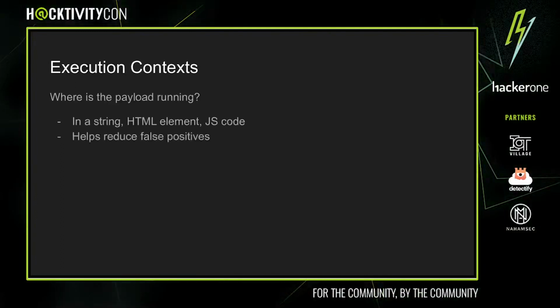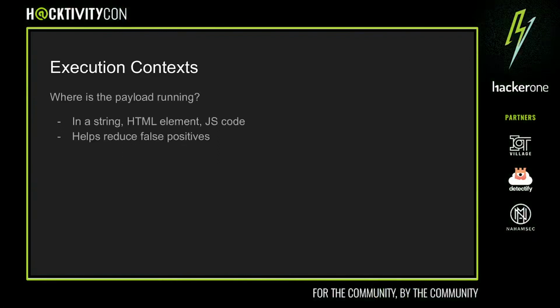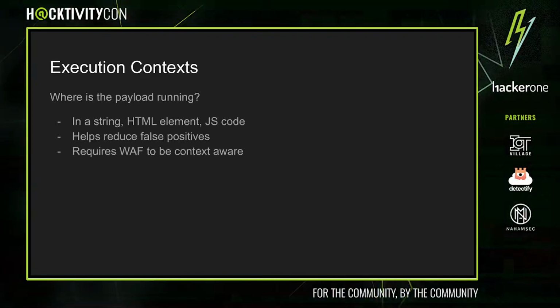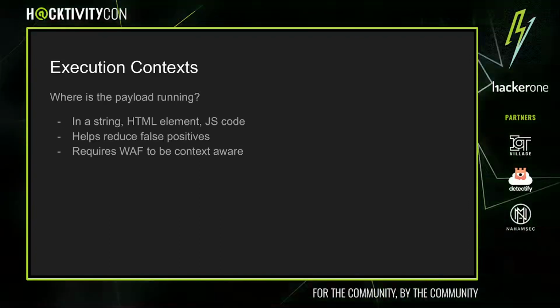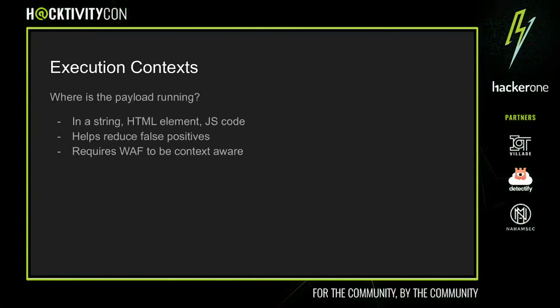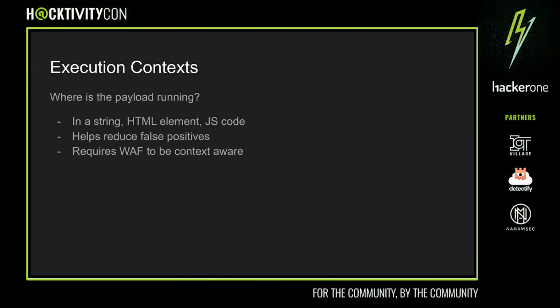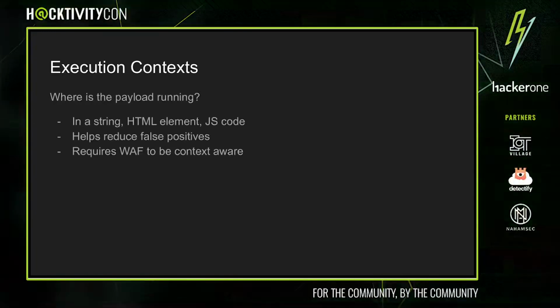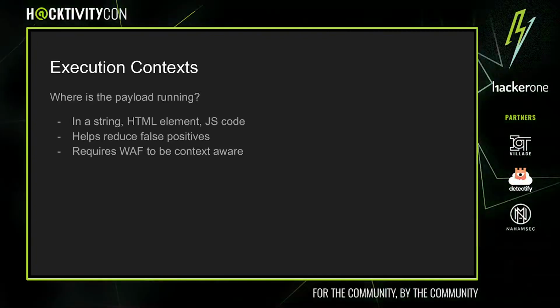By taking into account the execution context, we can greatly reduce the number of false positives. At the same time, this also increases the complexity of the WAF because it requires it to have some understanding of where the payload is being executed. Such a feature tends to appear more commonly in reflected XSS scenarios, but overall, this isn't too common, at least from our experience.